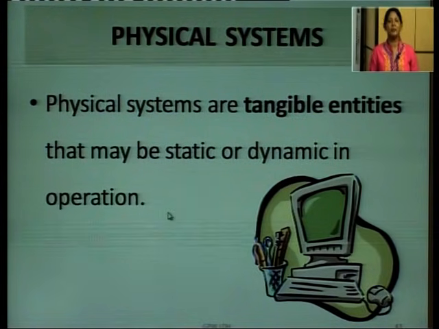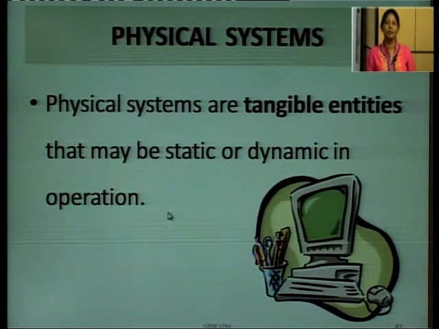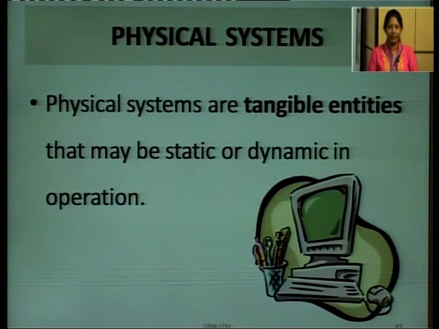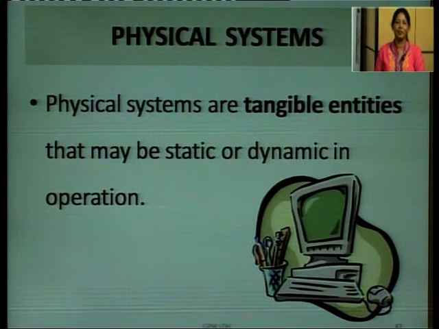First, the physical system. A physical system is like your computer system or your classroom environment, your desks, your chairs. These are physical systems. Physical systems are tangible entities that may be static or dynamic in operation.